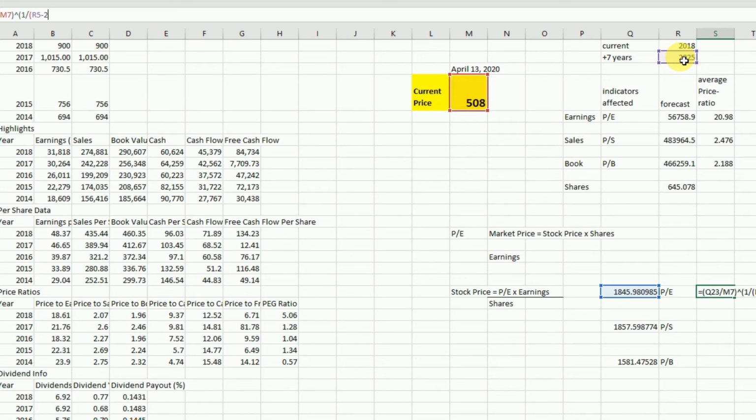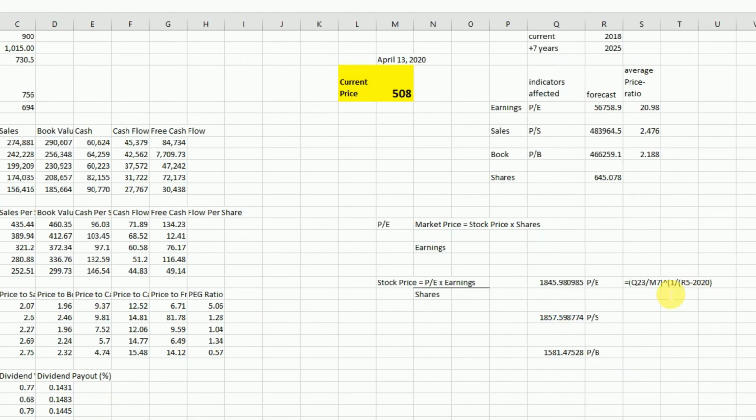So we can input that 2020, and of course it comes out as 5 years. You don't need to put it as a formula, but later on we will continue to use this years from now. We can still use this formula as long as COL Financial continues to use the same format for their valuation, and it will come out the same.